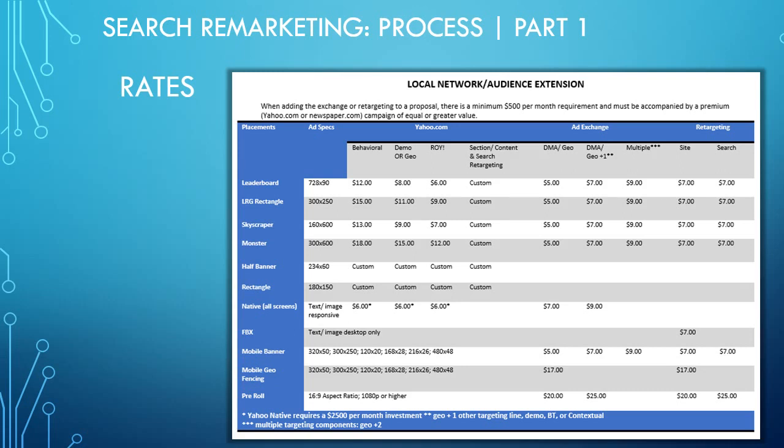And then there's retargeting for pre-roll, but that's going to be way down the line. So right now we're just going to be focusing on the basic process and understanding keyword research, the first phase of the process, and understanding how to really sell this product and how to convey meaning and value to the client here. Like I said, we'll talk about rates in a little bit.